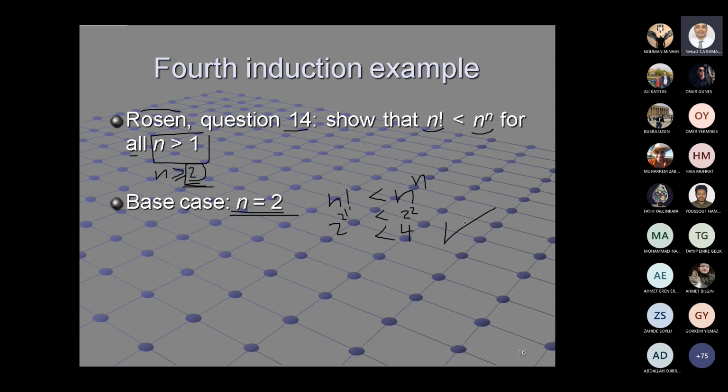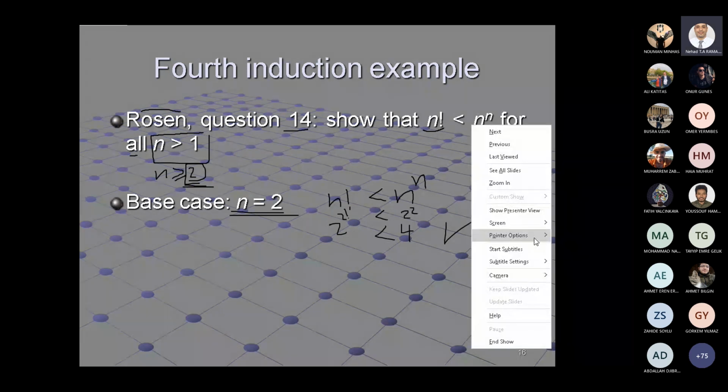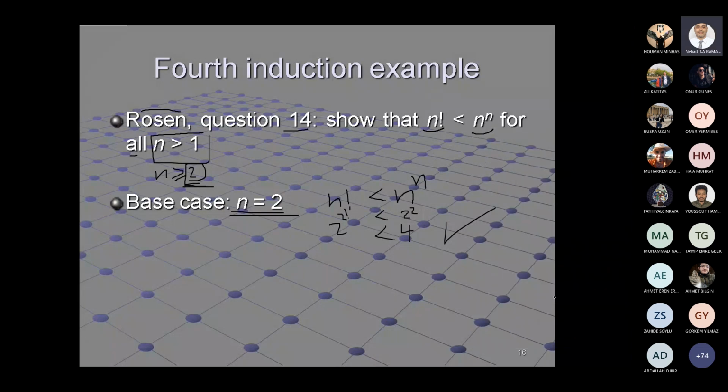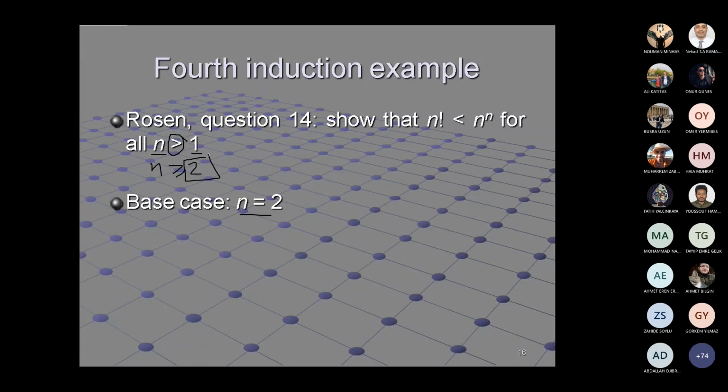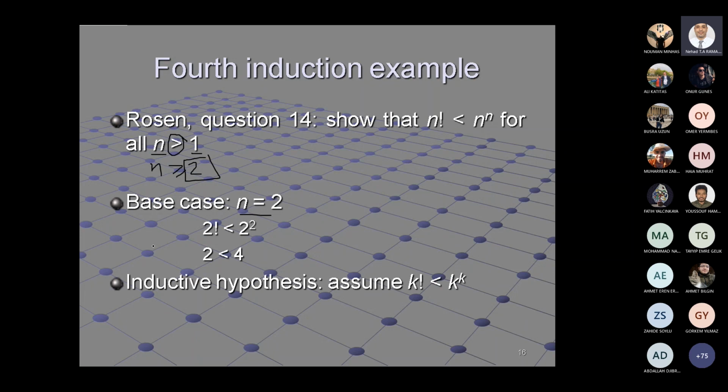So it's correct for the base case. Focus here. Our base case is 2. Why not 1? Because n is more than 1. More than 1 means more than or equal 2. So the first term is 2, not 1. Okay, we showed it for the base case.